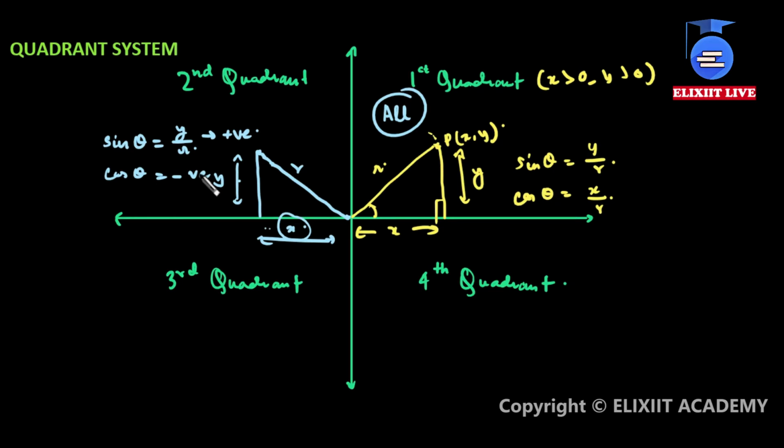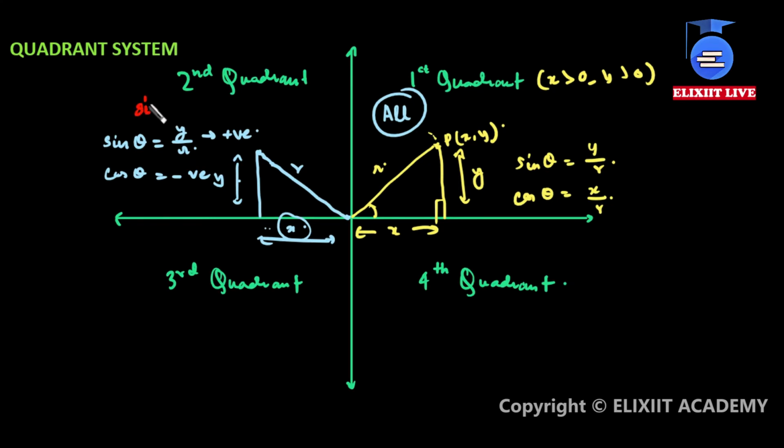So if sine theta is positive and cos theta is negative, tan theta will be negative in that case. All other t ratios are negative except cosec theta, which is the opposite of sine theta. Isn't it? Cosec theta is what? 1 by sine theta. So only sine theta and cosec theta are positive in the second quadrant.